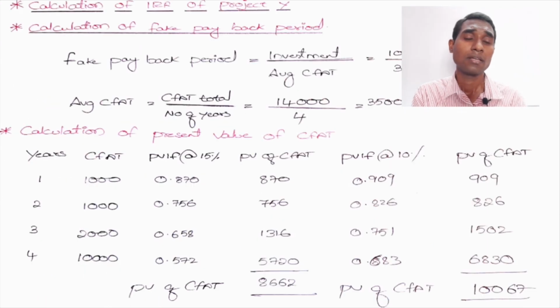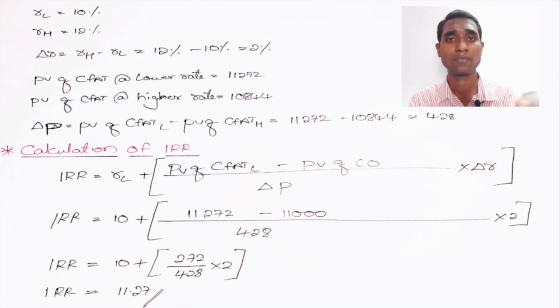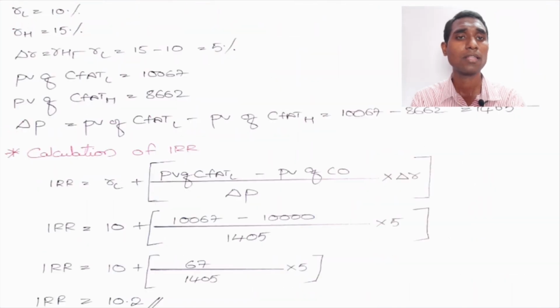Now if you want to suggest to the company which project should be accepted, see, the IRR of the first project X is 11.27, and the IRR of project Y is 10.2.